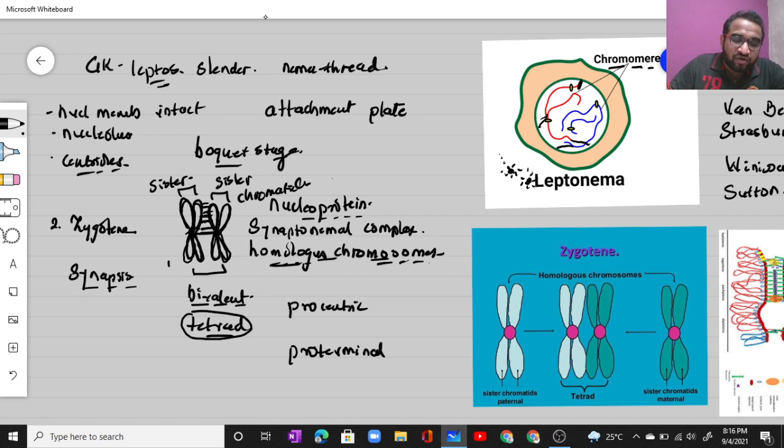So it starts from the center and then travels towards the ends. This is called procentric synapsis, or we can say procentric synaptonemal complex formation. What is pro-terminal? Pro-terminal means this will start from the ends.